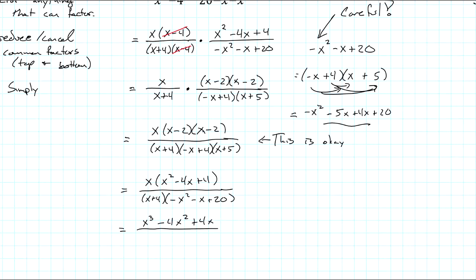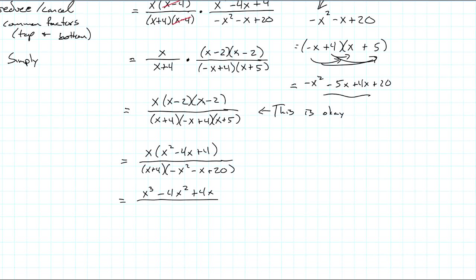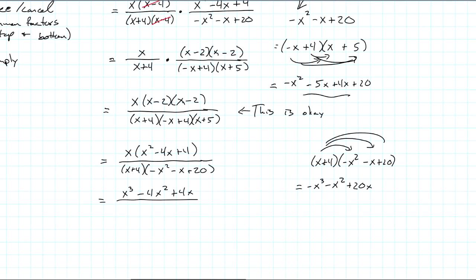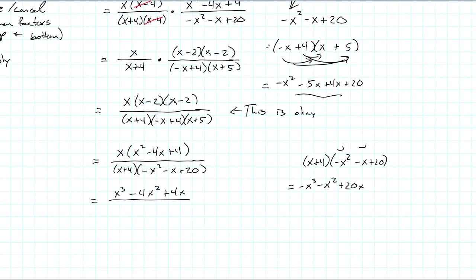The bottom's going to get a little messy here. Let's do that over on the side. x plus 4 times negative x squared minus x plus 20. This will be negative x cubed, and we'll get a minus x squared, and then a plus 20x, and then distribute the 4 across.